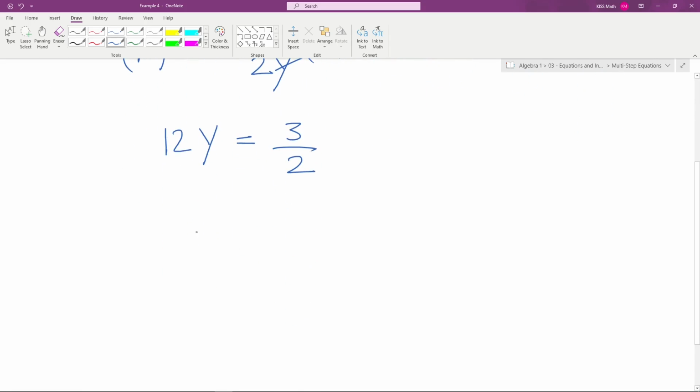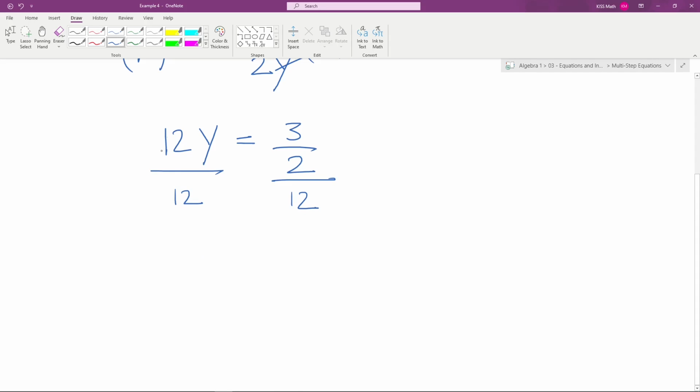Okay, so now we have to eliminate this coefficient of 12. The way you do that is you divide by 12, right? So you have 12y divided by 12, and then 3 over 2 divided by 12. I hope you know how to divide fractions. If not, I have a separate video on that.